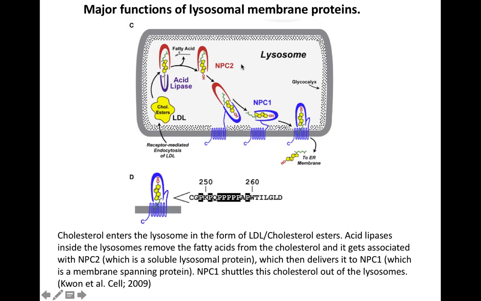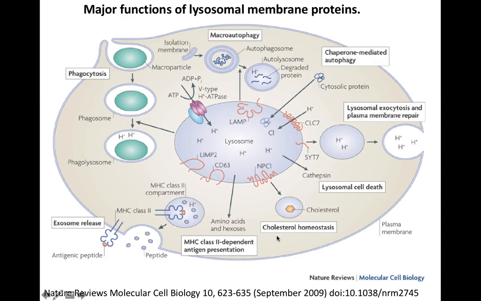So both NPC2 and NPC1 are lysosomal proteins which perform their function in efflux of the cholesterol from the lysosomes, and this cholesterol can then be utilized in the ER. So that's how lysosomes perform their function in cholesterol homeostasis.